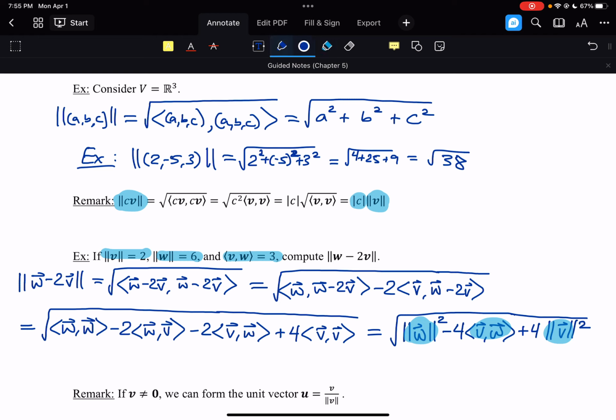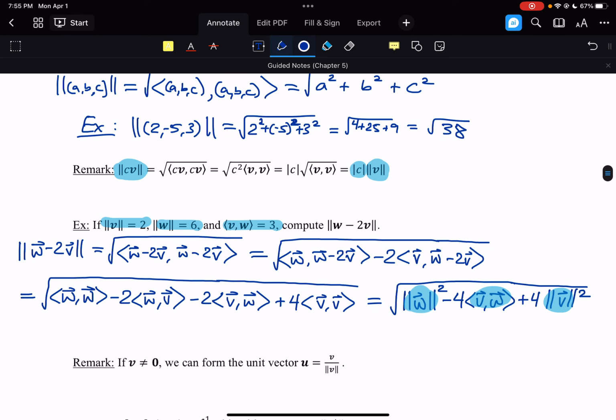So it was a matter of simplifying this down algebraically to get it to a point where we could actually solve and put it in terms of what we know. So this is going to be 6 squared minus 4 times 3 plus 4 times 2 squared. So that's 36, and 4 and 4 is 16.